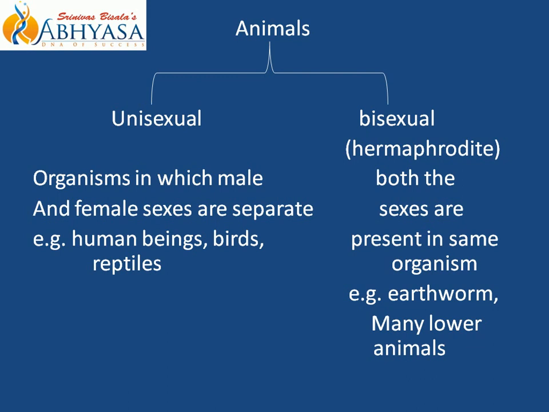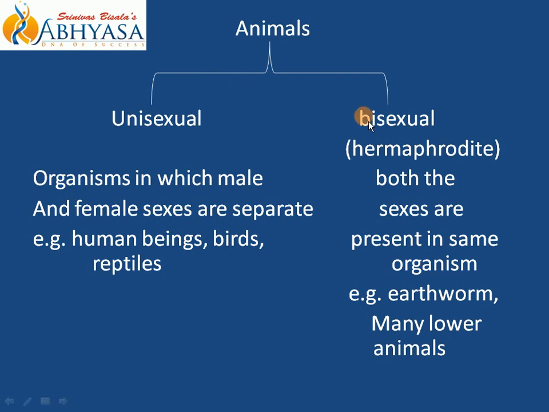So when we are saying female sex and male sex, we mean the presence of the female reproductive system and male reproductive system. Understood? Before moving to our next slide, I will just recap this one.